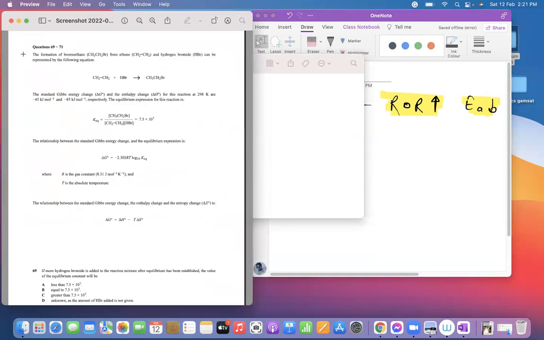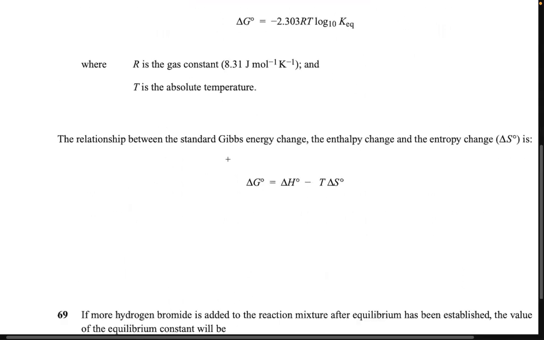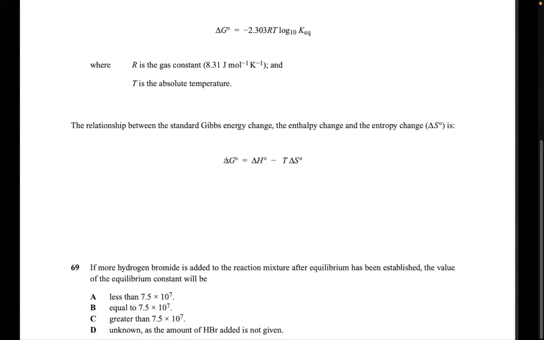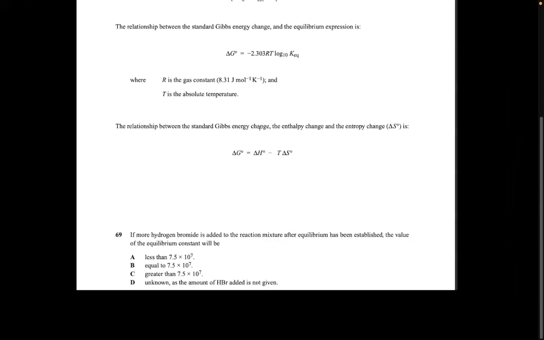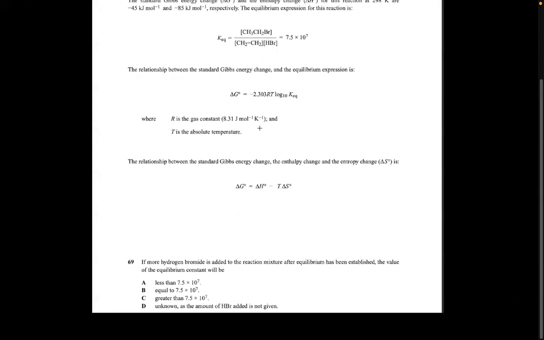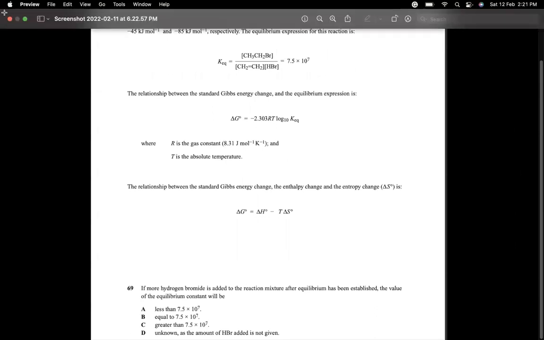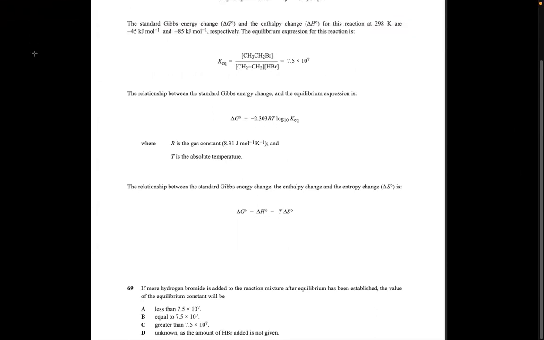So read this question carefully and tell me what should be the answer option for this. This is question 69. This is the information in the question. We have an expression of K equilibrium in which we have ethyl bromide and two concentrations of product upon concentration of reactant.